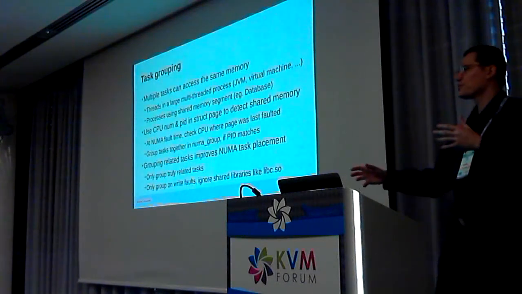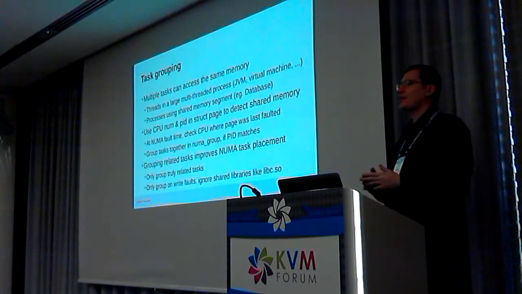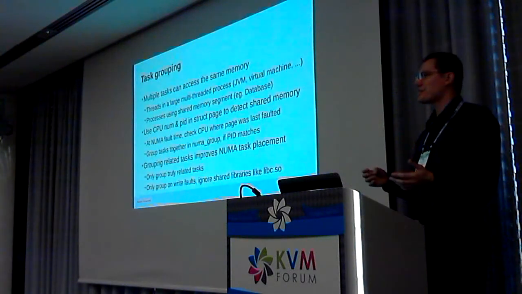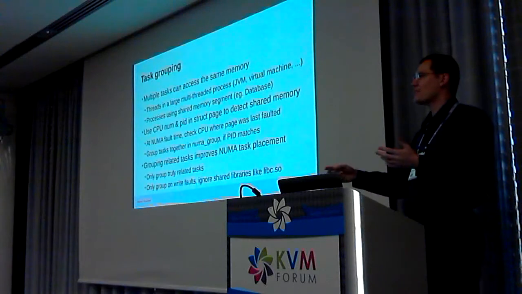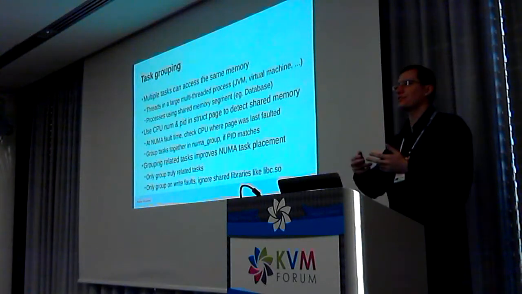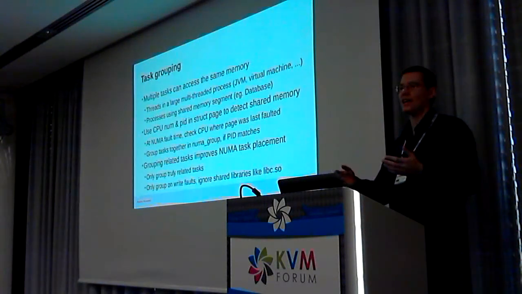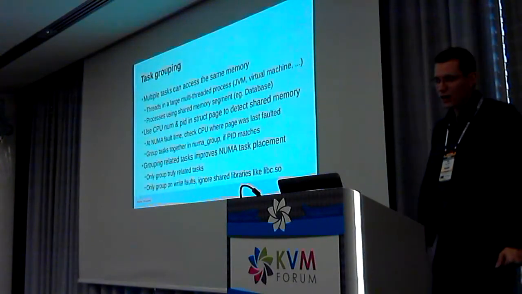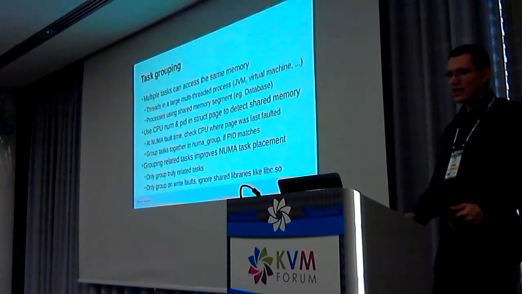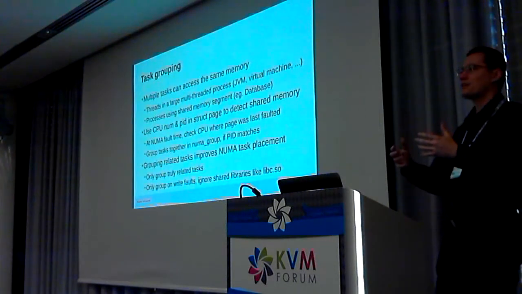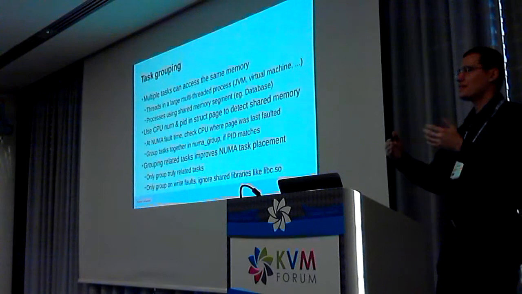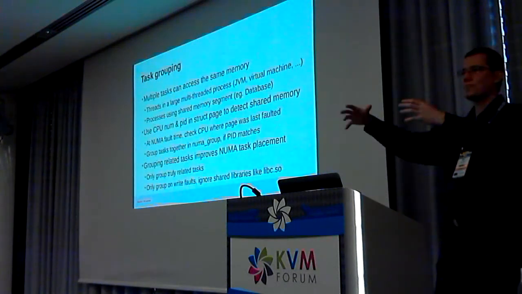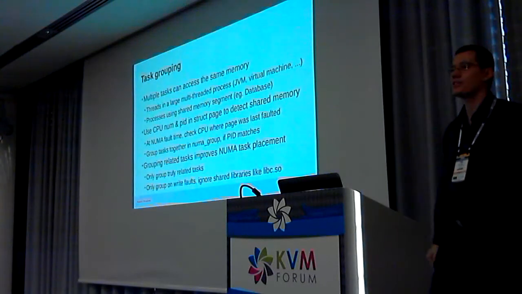And in the next fault, we can see whether the task that is faulting the page now has any relationship to the task that faulted the page last. It might be the same task, in which case we simply move the page to where the task is. Or if they're accessing the same page and they're writing to it, we know that these two tasks are related, and we group them together in a NUMA group. And we can add more and more tasks to the NUMA group over time.